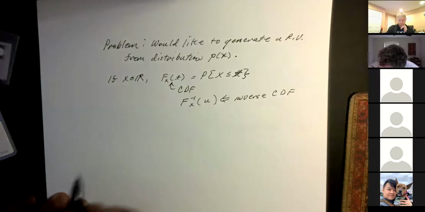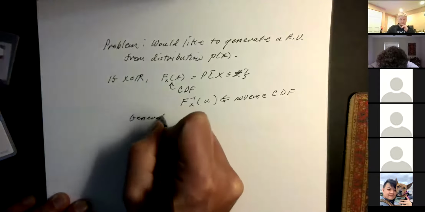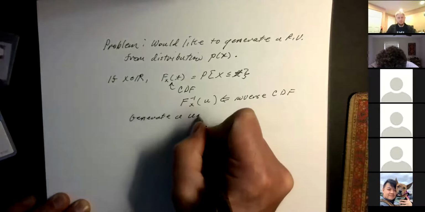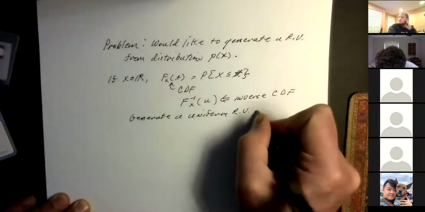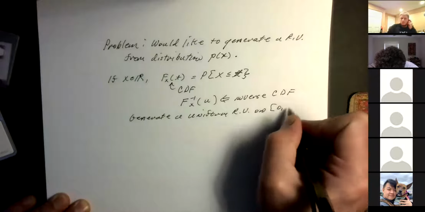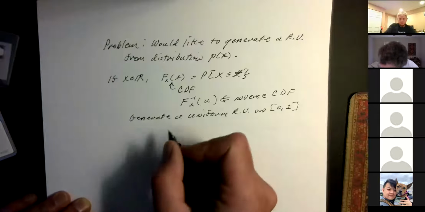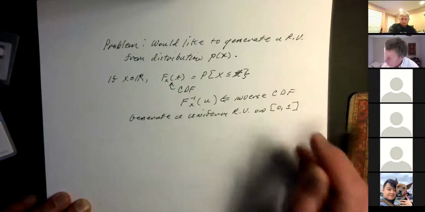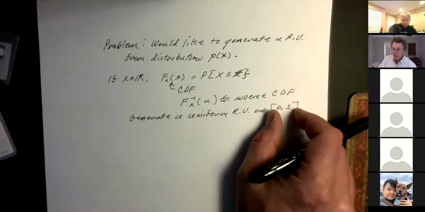Then what you do is you generate a uniform random variable on 0, 1. And last time we spent a lot of time talking about how you can construct a uniform random variable on the interval 0, 1. If your probability space is the interval 0, 1, it's just the function omega.